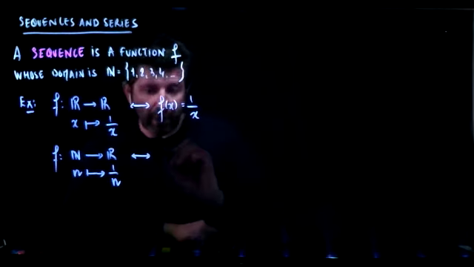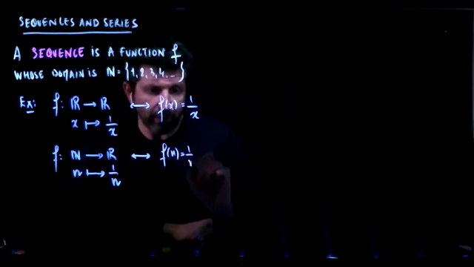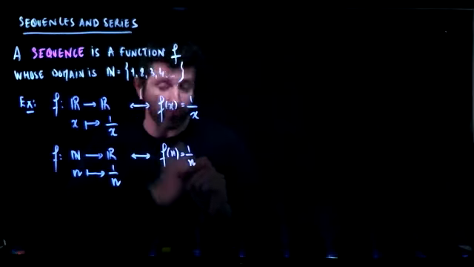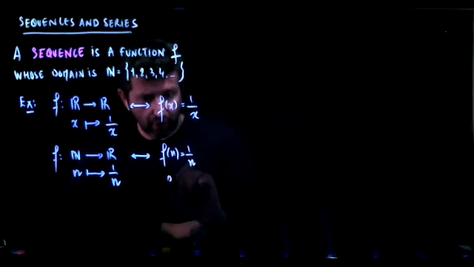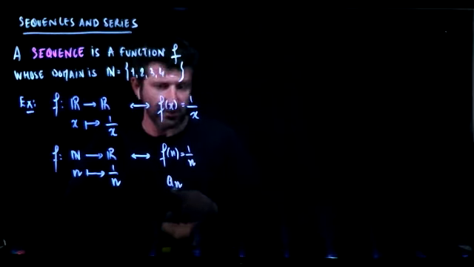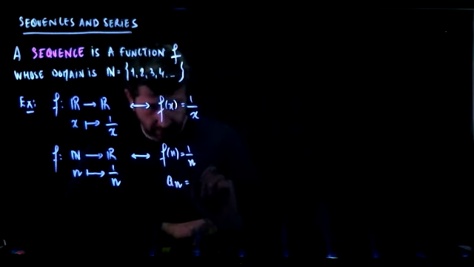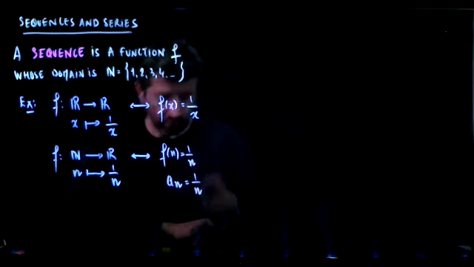And this we write either f of n equals 1 over n, or the notation that we use, f of n, we're going to call a_n, which is the nth term of the sequence. So I'm going to explain what I just said here.